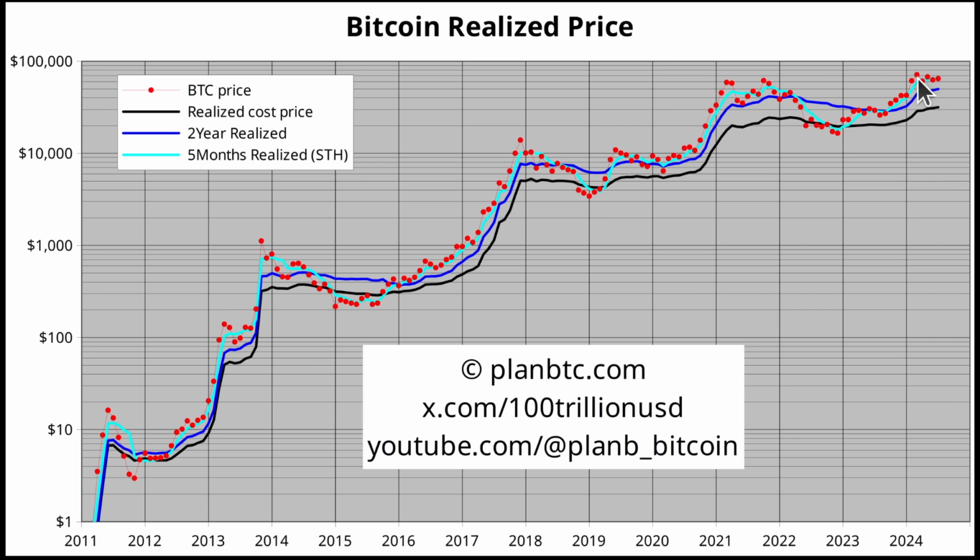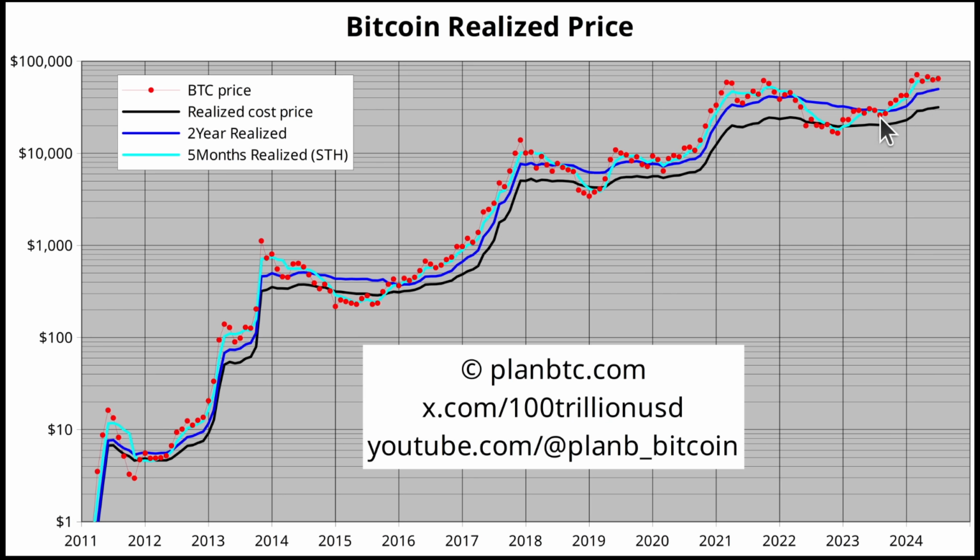If we make that period even smaller, like 5 months, and only look at the last 5 months, what is the realized price there? It's 66,000, and Bitcoin is slightly below that right now, at 64. But in the general scheme of things, it's at this 5-month realized price.